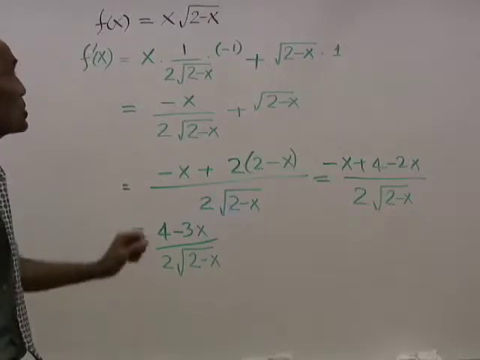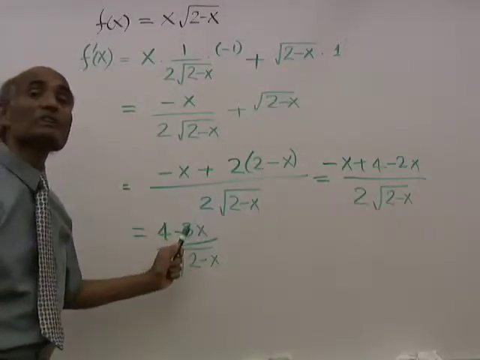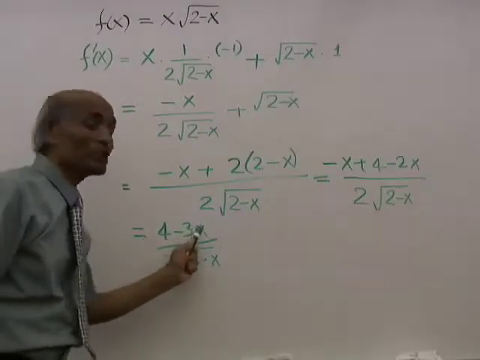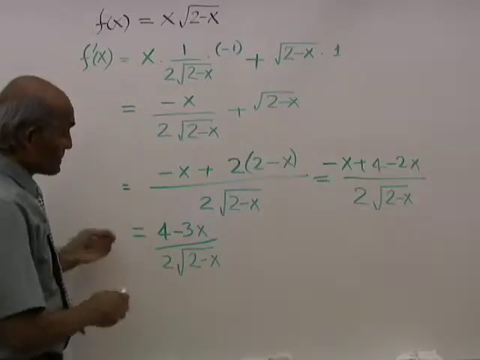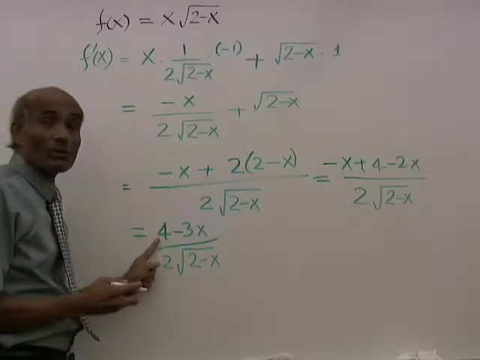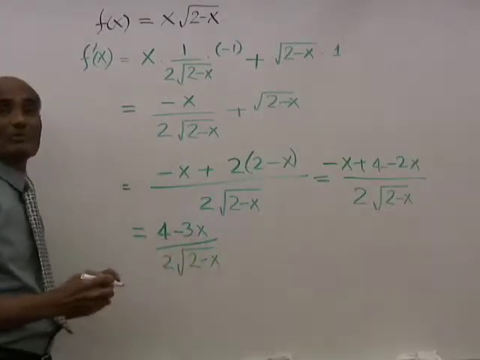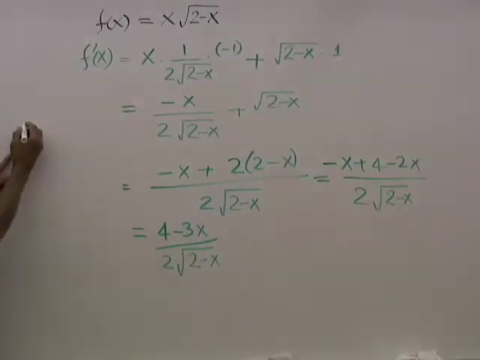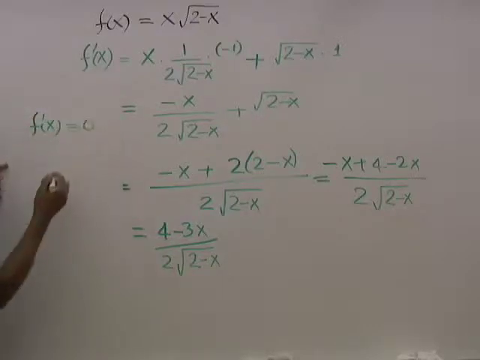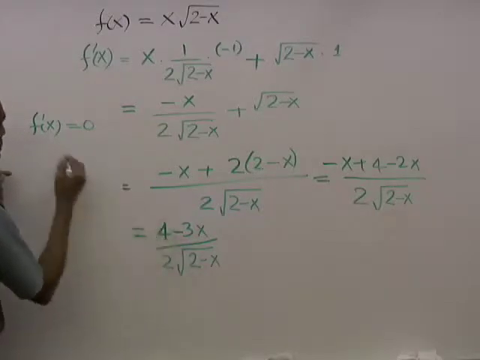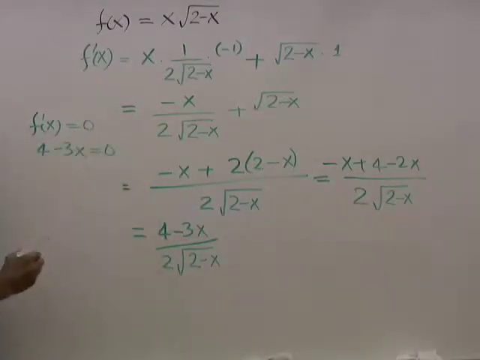So what are the critical numbers of this function? What we need to do is set the derivative equal to 0 first. Remember, the derivative becomes 0 when the numerator equals 0. So if we say f prime x equal to 0, we will say 4 minus 3x equal to 0.